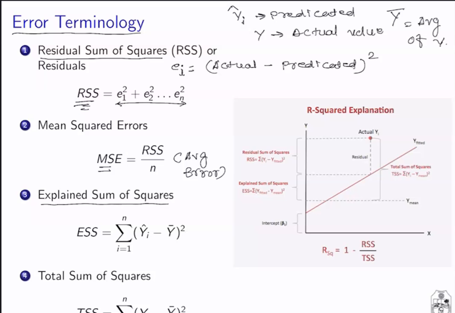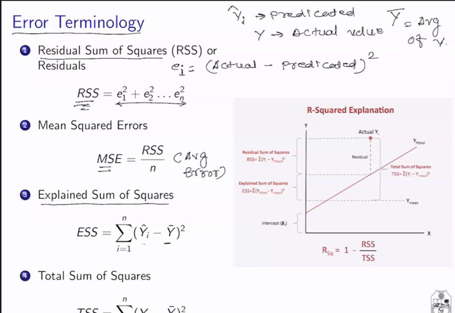This explained sum of squares is the difference between the estimated value, y_i cap, which is nothing but the predicted value, minus y bar, which is the average y.